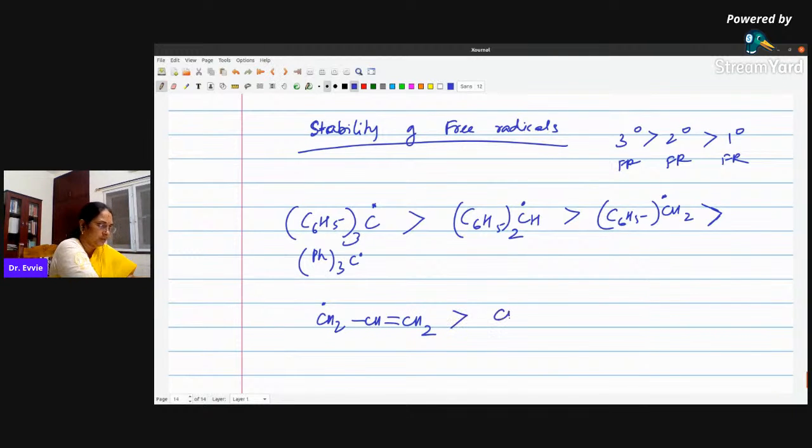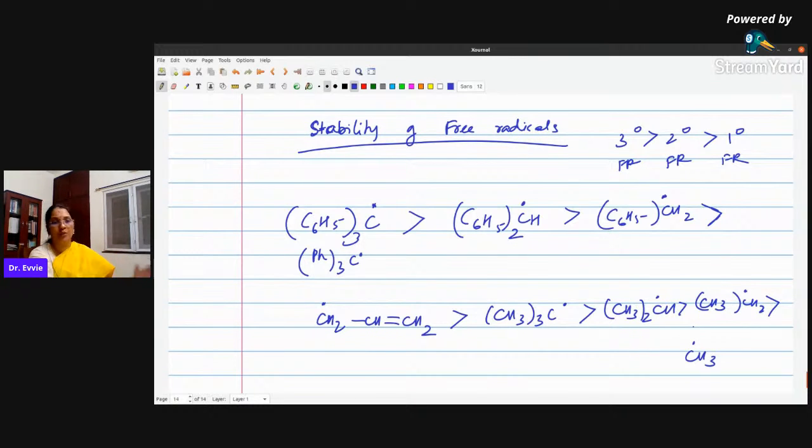There will be some difference only in this part, so go back and check. Then it will be (CH3)2CH free radical, which will be greater than CH3CH2 dot, which will be greater than the methyl free radical. Only a slight change, that's why I wanted to tell you about this. If there's a chance of movement and all that, you can just try it out.